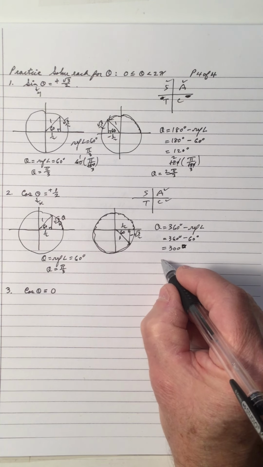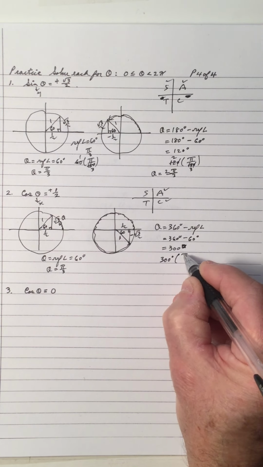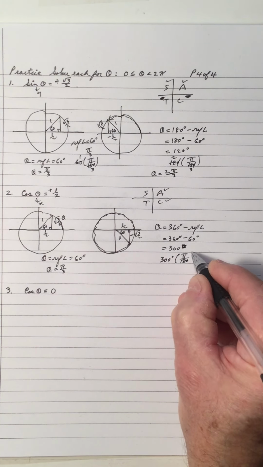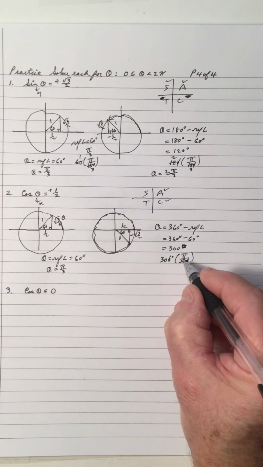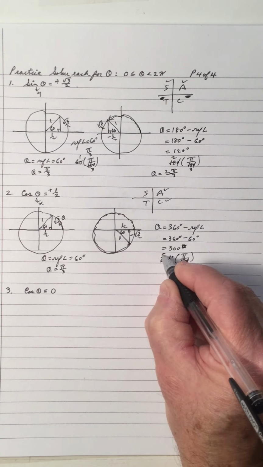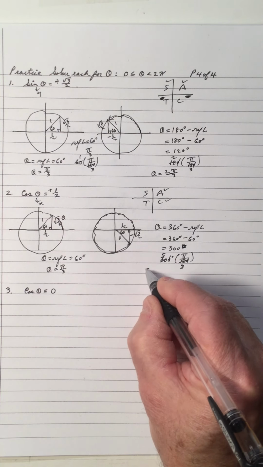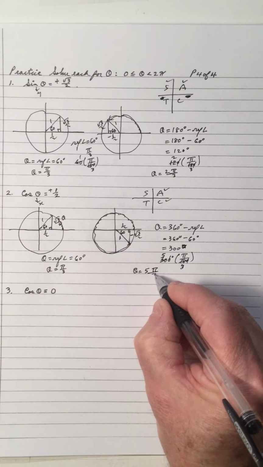It's in degrees. So 300 degrees multiplied by pi over 180. And the zeros cancel. 3 into 18 goes 6. 3 and 5. So theta as a radian is 5 pi over 3.